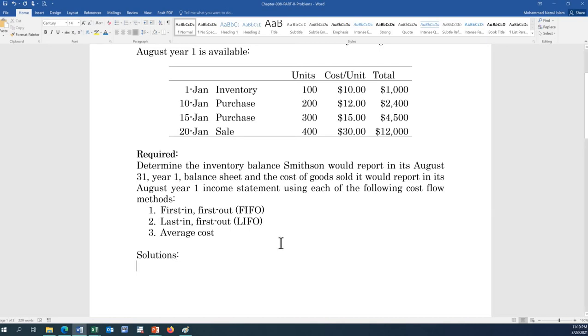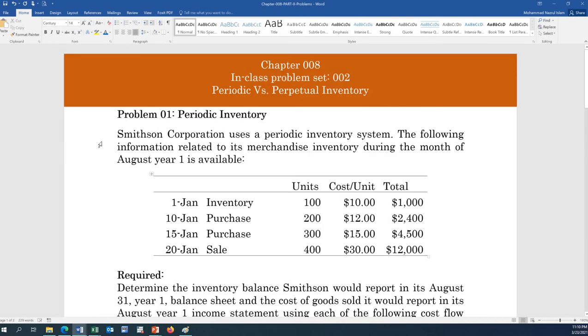Solutions. So Smithson Corporation uses a perpetual inventory system. The following information related to its merchandise inventory during the month of August, year 1 is available. We have four transactions: on the 1st, 10th, 15th, and 20th. On January 1, inventory was 100 units, and the cost per unit was $10.